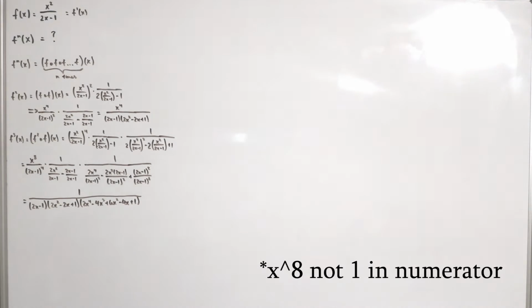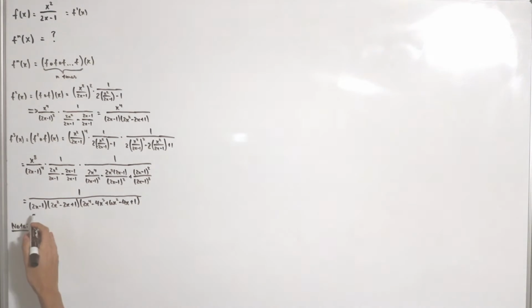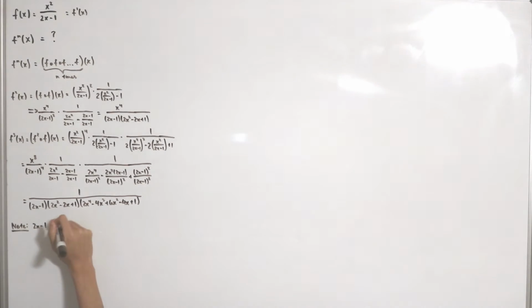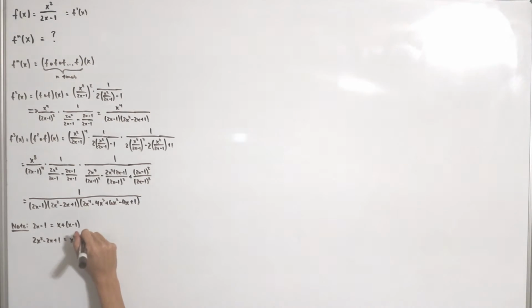So let's also note that I can actually rewrite the terms as well. So 2x minus 1 is equal to x plus x minus 1, okay? Then 2x squared minus 2x plus 1 is equal to x squared plus, and then I can just factor out, or even though subtracting the x squared, this also factors out to a perfect square, so this is x minus 1 squared.